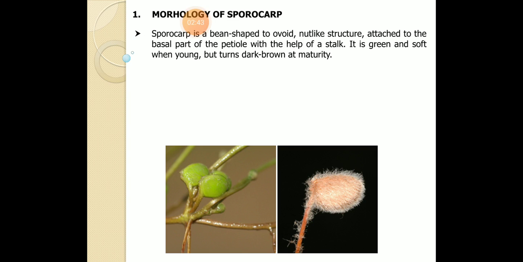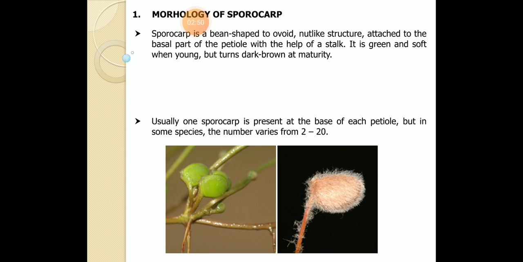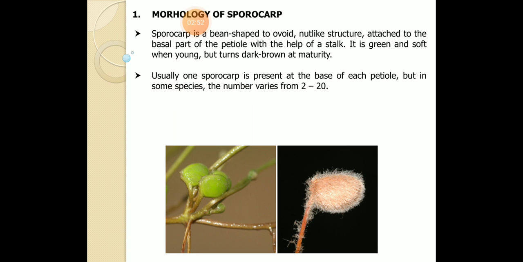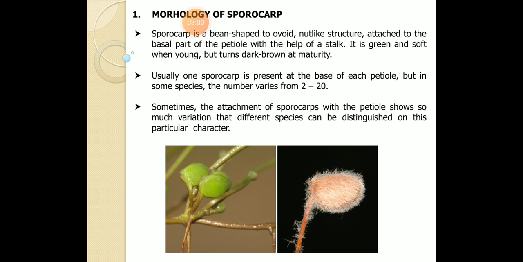In the early stages it is a green, softened structure, and when it matures it turns dark brown in color. Usually 2 to 20 sporocarps are produced in a plant. The sporocarps attached to the petiole may also vary and have peculiar structures.